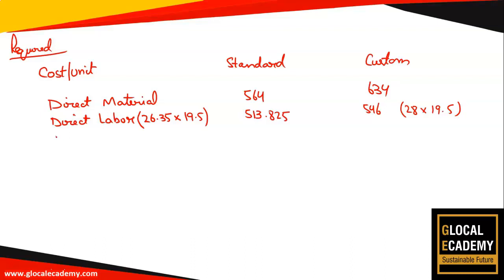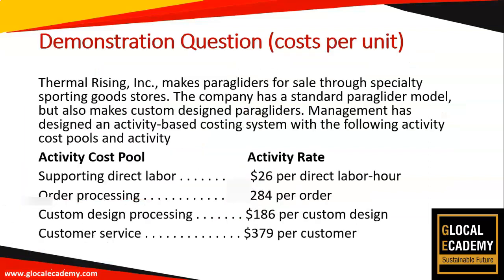Now we need to add manufacturing overheads into that. So I'm just writing manufacturing overheads. From the question we can note that there are 4 major activity cost pools. We can ignore the last one, customer service, because it doesn't relate to the product, it relates to a customer.